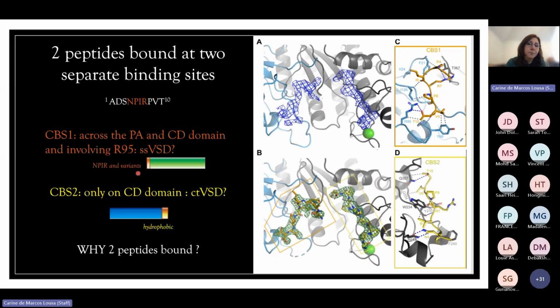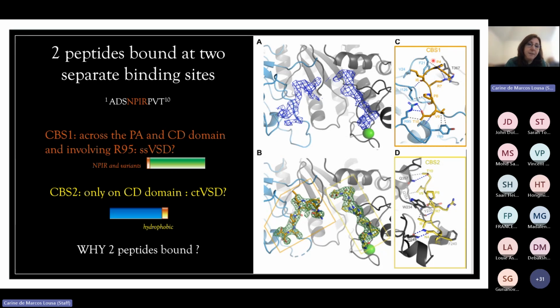The other surprise that we had is that we found 2 peptides bound at 2 separate binding sites. This is the peptide we used, and you can see that there is the NPIR motif that is the specific motif that is recognized. And so we identified these 2 binding sites.